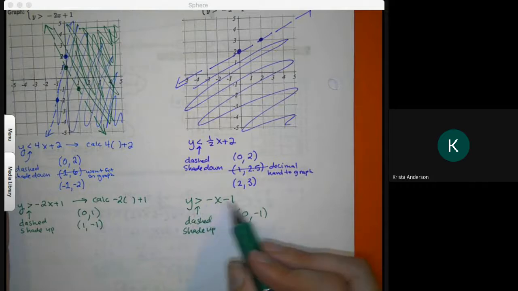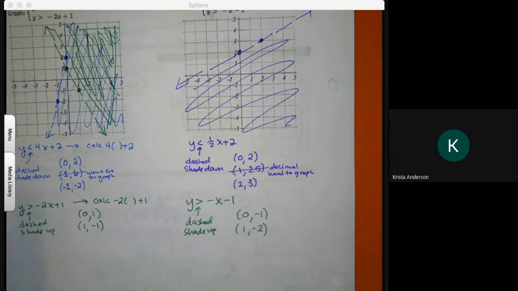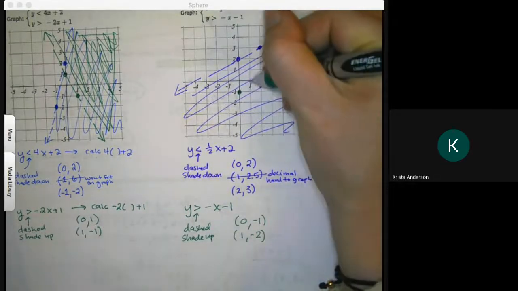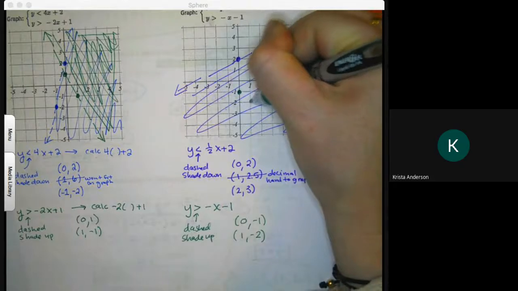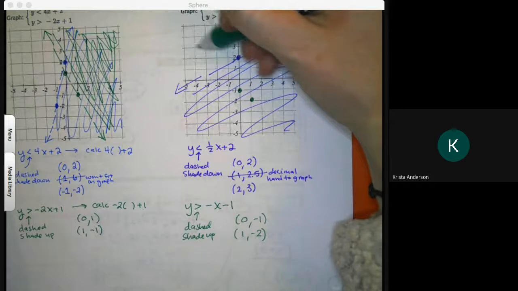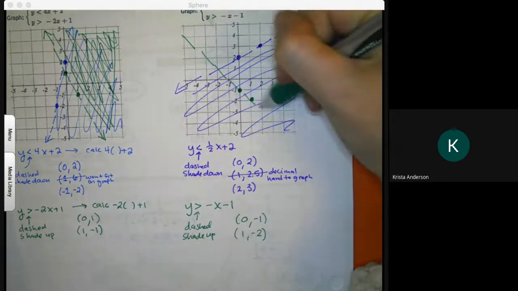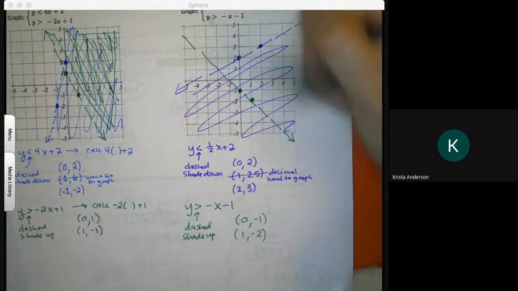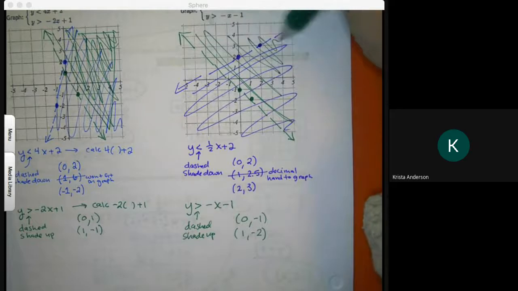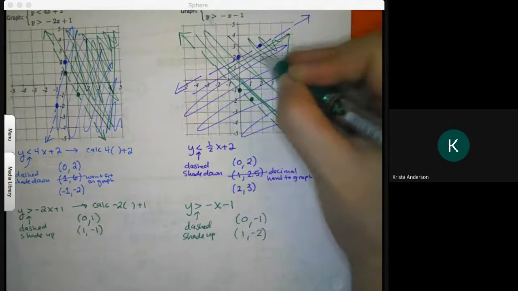Negative 1 minus 1 would be negative 2. 0 down 1, click. 1 down 2, click. Dash the line. And shade up. So it overlaps in this section of my graphs.